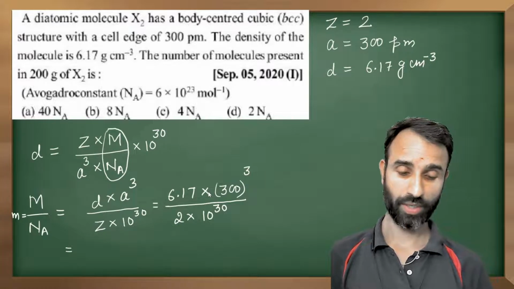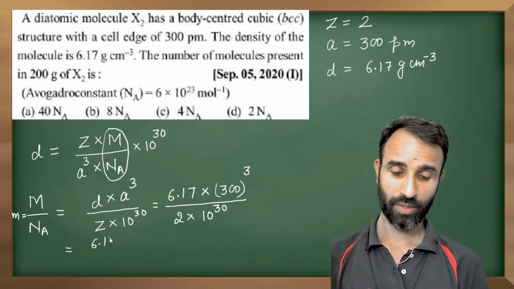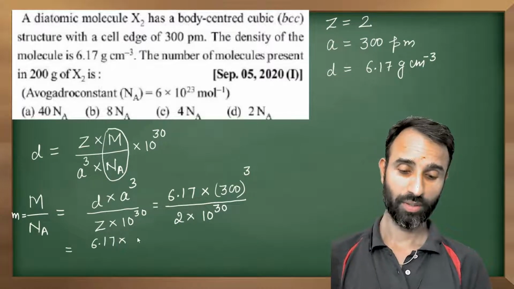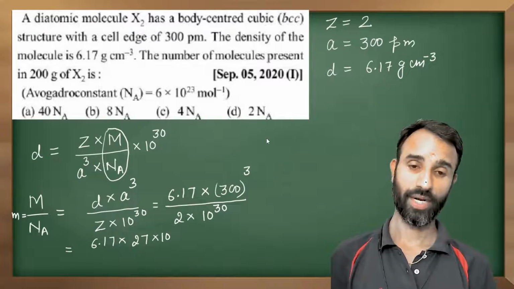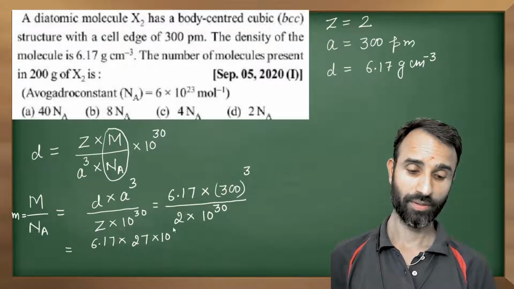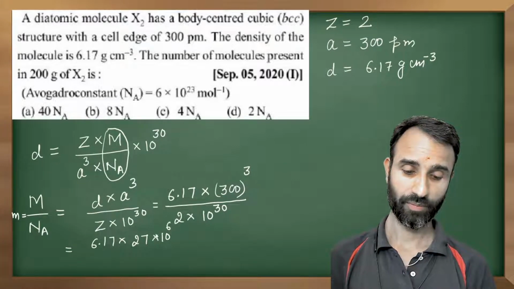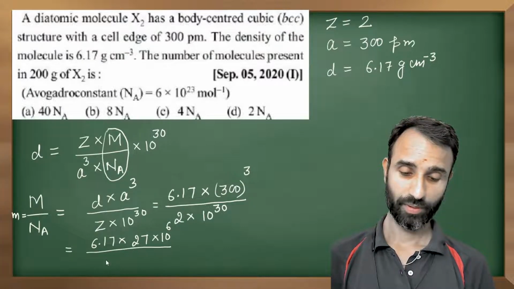Going further, 6.17 into 27 into 10 raised to power 6 divided by 2 into 10 raised to power 30.